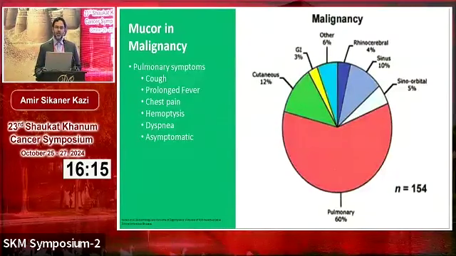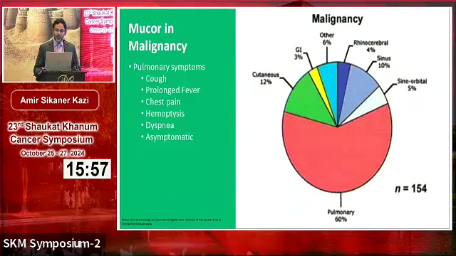Often the way it's discovered is prolonged fever is the most common symptom, and the evaluation of prolonged fever in a malignant patient leads to finding certain types of opacities on the CT chest, and that kind of leads down the road to mucor.